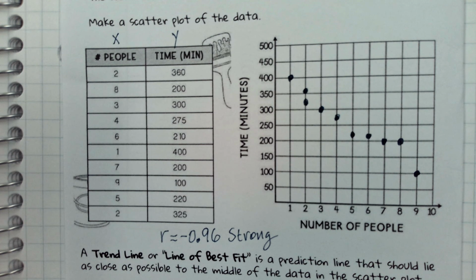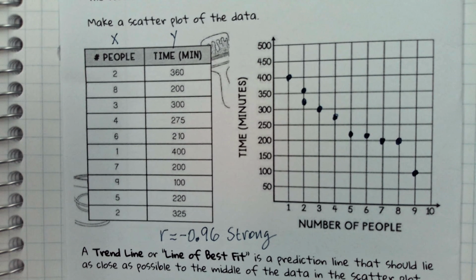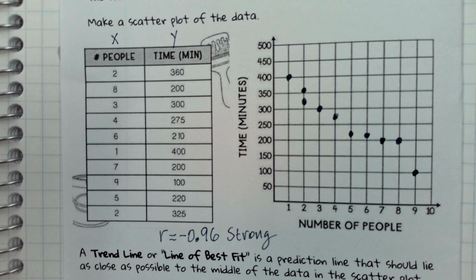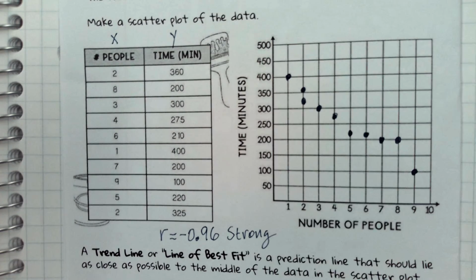So we're going to draw a trend line. A trend line, sometimes we call it a line of best fit, is a prediction line. It should lie as close as possible to the middle of the data. So the data is a scatter plot, right?